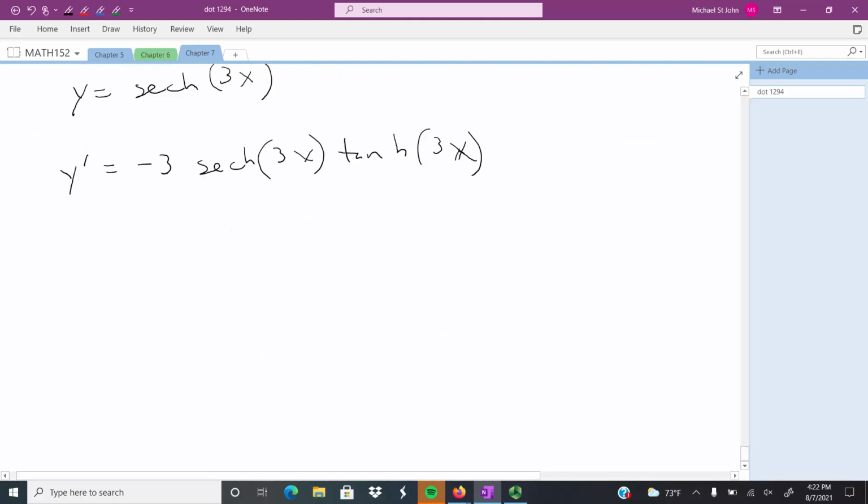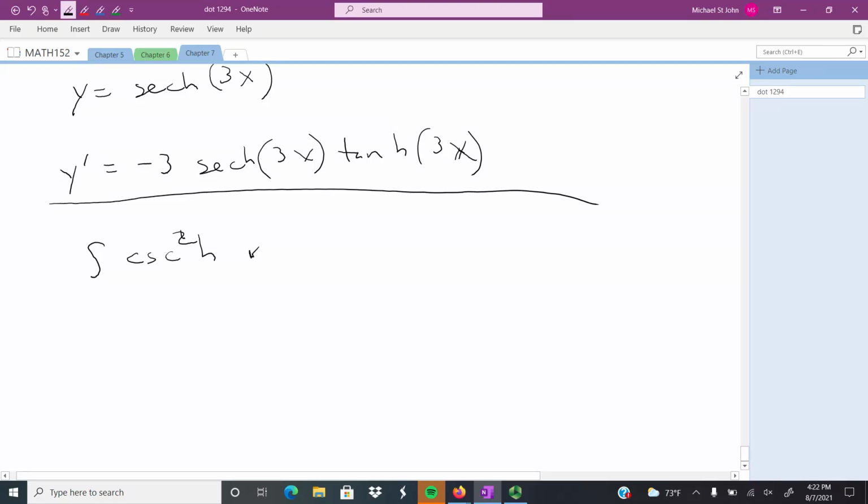So let's look at another problem. So let's say now we want to integrate hyperbolic cosecant squared of the square root of x over the square root of x. So we're going to let u equal the square root of x. And so then du is going to be 1/2 x to the minus 1/2.